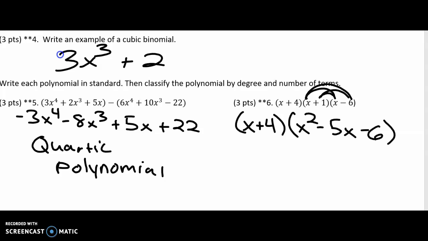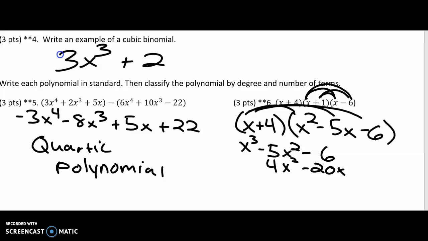All right. Now I have to FOIL again, so when I FOIL again, remember this x goes to all 3 terms, and then we do it a second time with the 4 to all 3 terms. Okay, so the x to all 3 terms just increases my powers by 1. Okay, the 4 to all terms multiply, so 4x squared, negative 20x, okay, and negative 24.